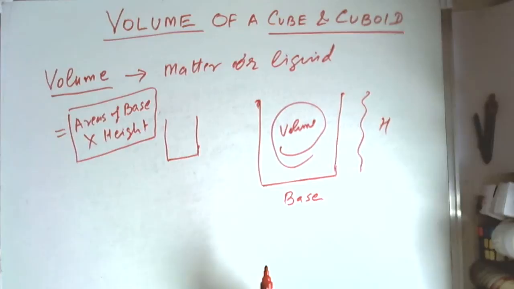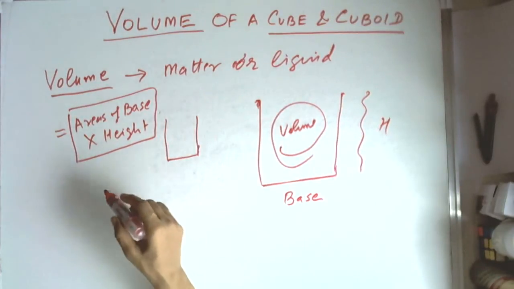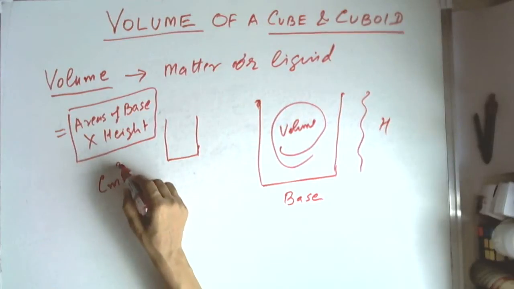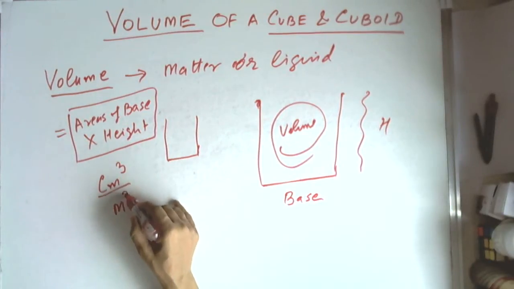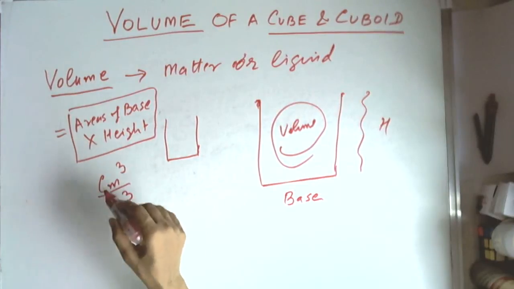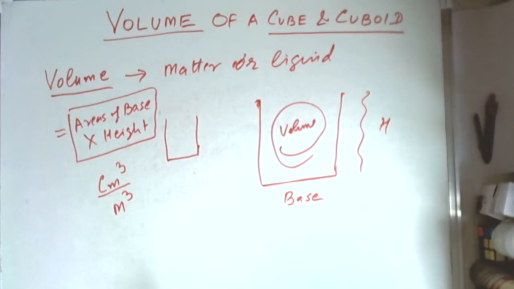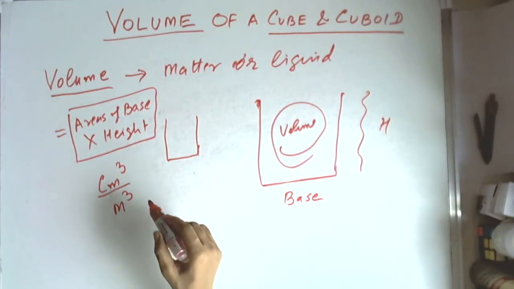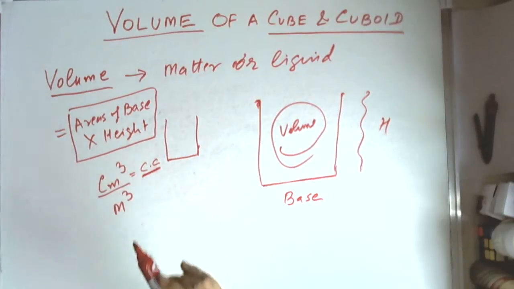And volume, because it is area multiplied by height, the unit of measure is centimeter cube, or if it is measured in meter, then it is meter cube. Whereas for area we had centimeter square. Centimeter cube is also called cc, cubic centimeter. The word cubic is because it is power of 3.